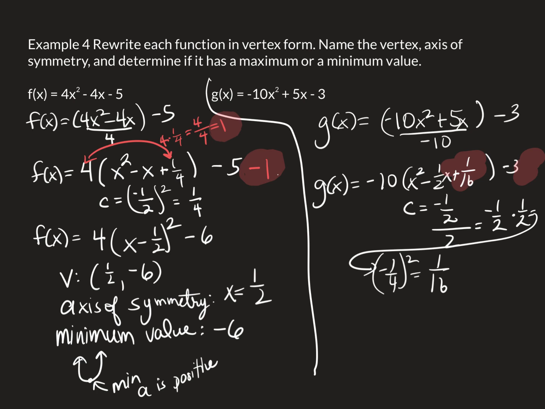So we're adding 1/16 just inside the parentheses. Now, I'm going to multiply negative 10 times 1/16, which is negative 10/16, and they're both divisible by 2, so negative 5/8. So technically, I have subtracted 5/8. To keep this balance, I will add 5/8.